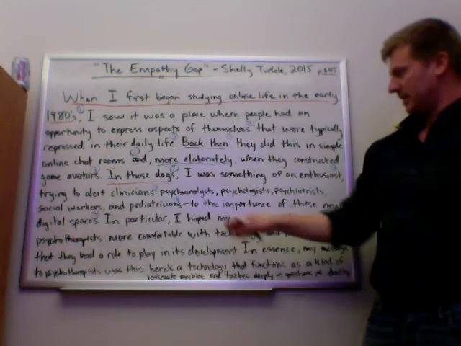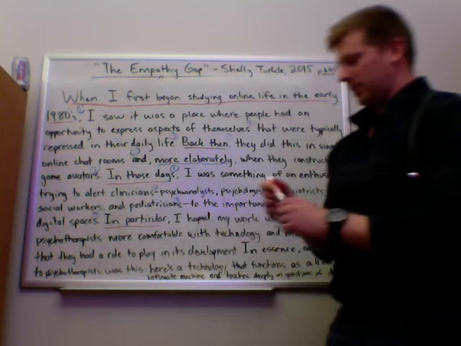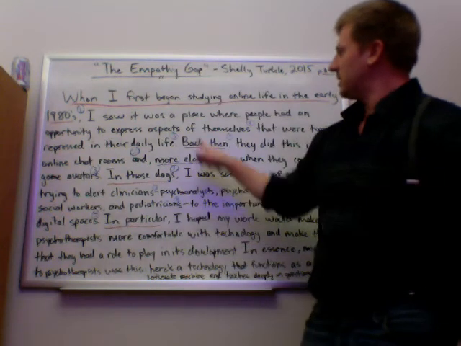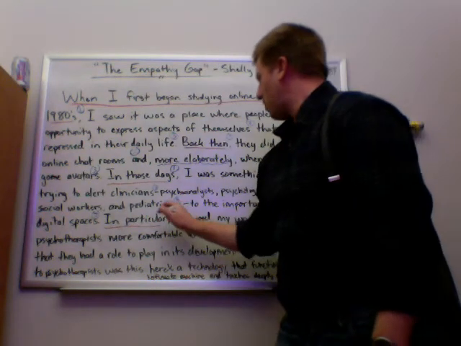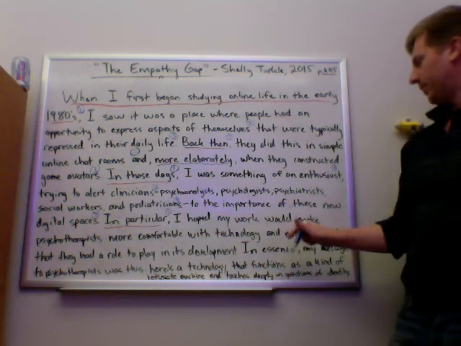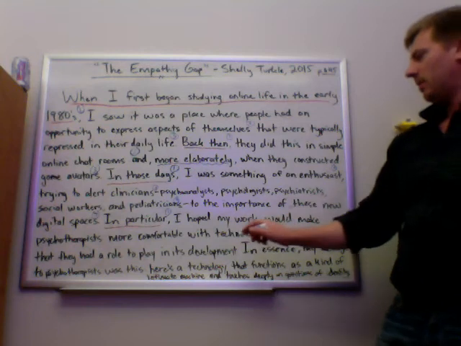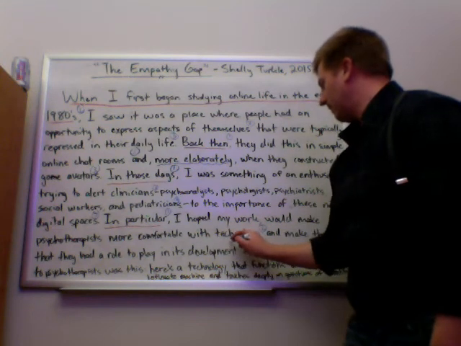Look at this next sentence. "In particular," again, she has this little thing she starts out with, similar to these spots. First part, "I hoped my work would make psychotherapists more comfortable with technology," part two, "and make them feel that they had a role to play in its initial development," part three.